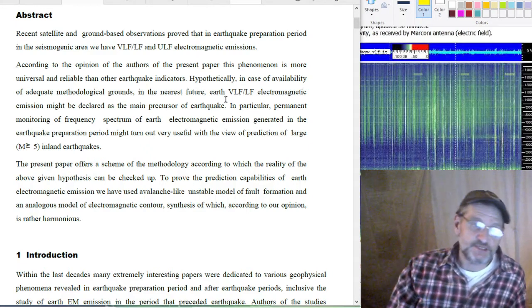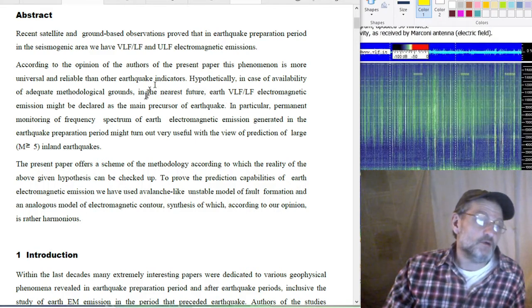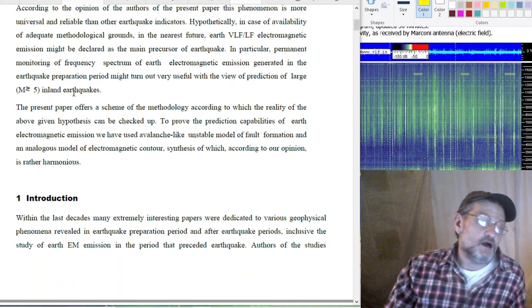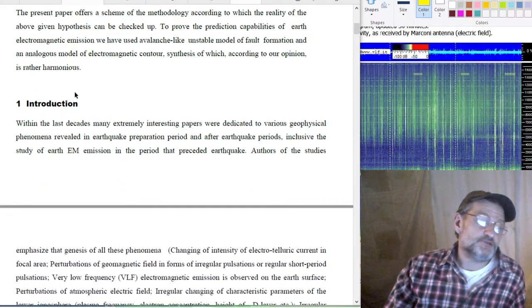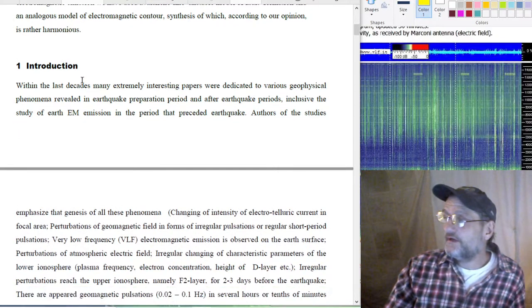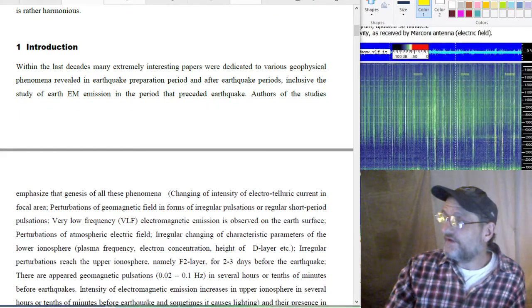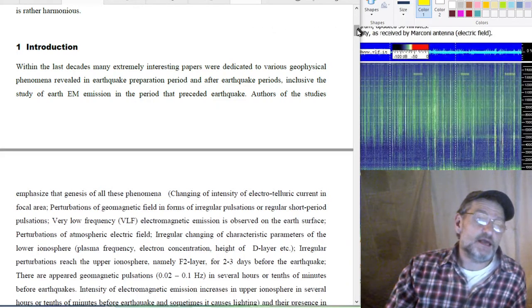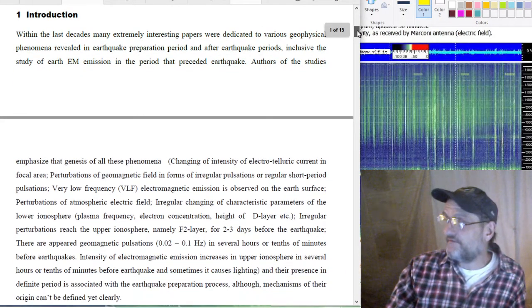And so that's what this is doing. So we're talking about the relationship between VLF energy, VLF waves, and earthquake behavior.